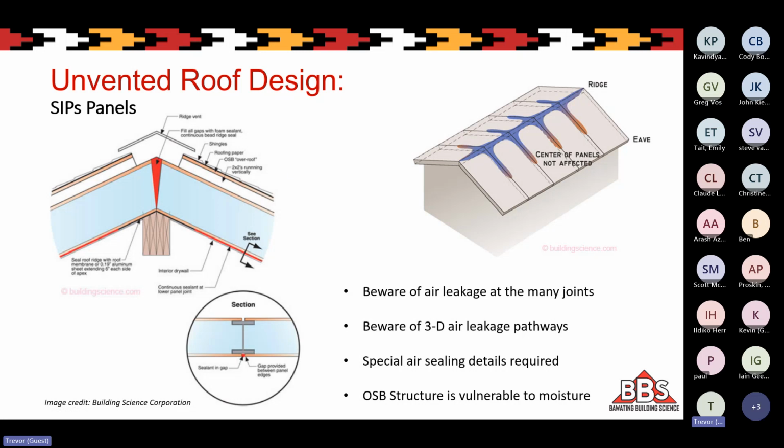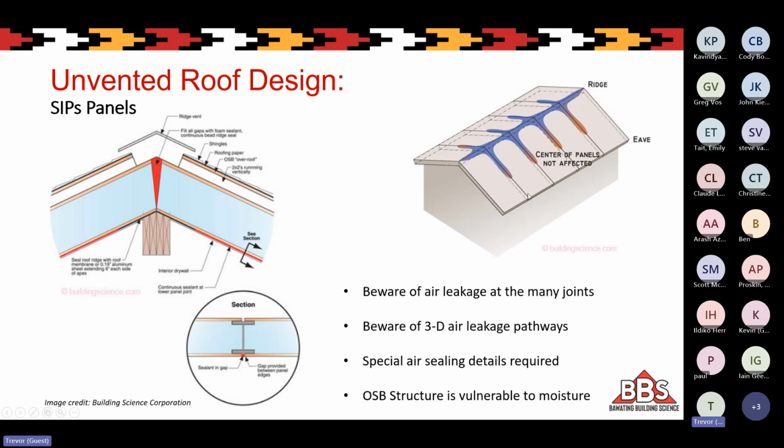Typically, especially in cold climates, I don't recommend SIPS panels unless the roof is very simple. There's a couple reasons for that. You have to beware of air leakage at all of the joints and of three-dimensional air leakage pathways.